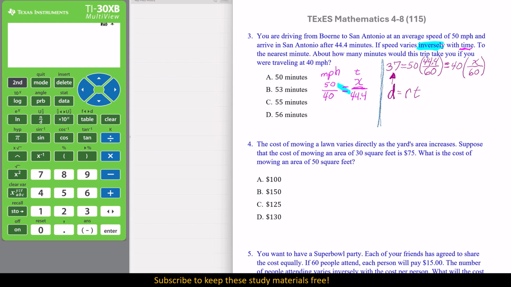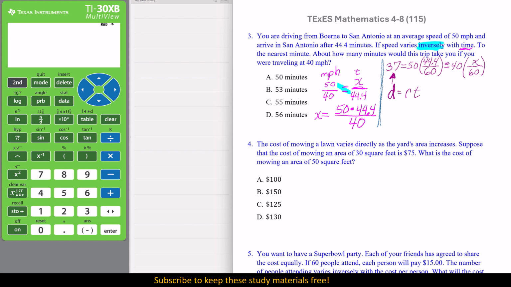Now, what do we put in our calculator? If you look at it, and yes, I am kind of skipping steps, this is what we have: x equals, set up your fraction, 50 times 44.4 all divided by 40.